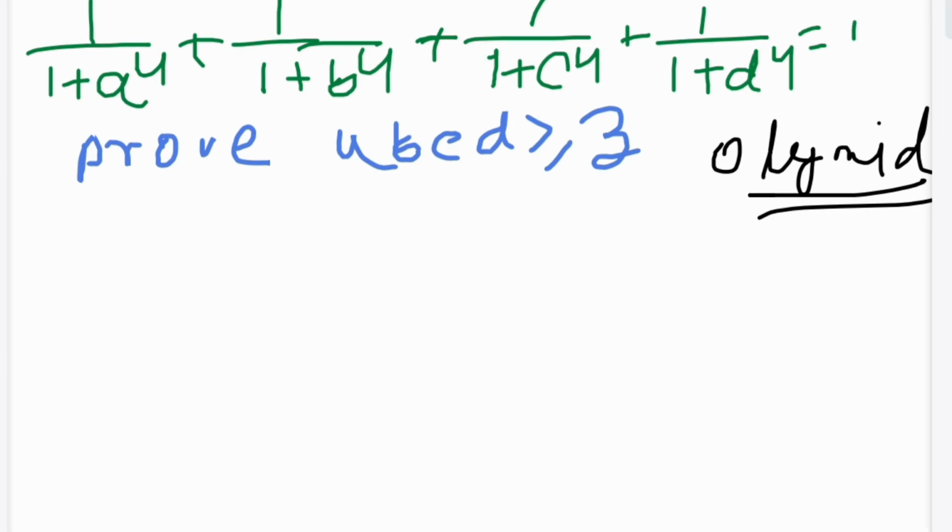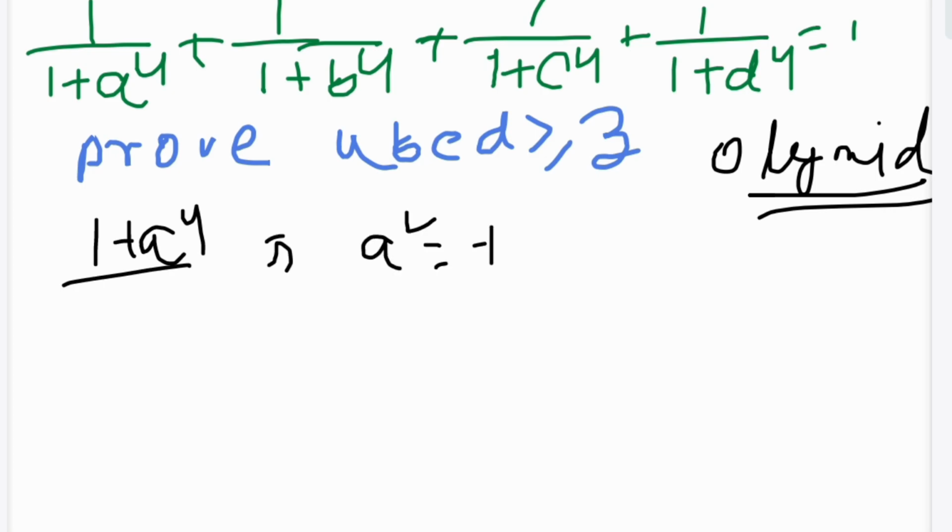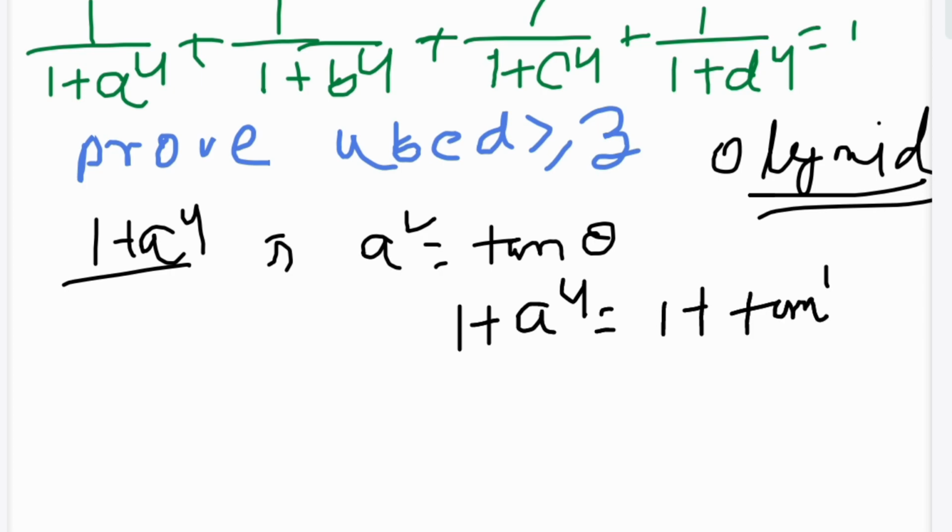We are going to solve it using the trigonometric tricks. So we are going to look at these terms 1 plus a raised to the power 4. If we take a square equal to tan theta, then 1 plus a raised to the power 4 will give us 1 plus tan square theta, right? So that is sec square theta.